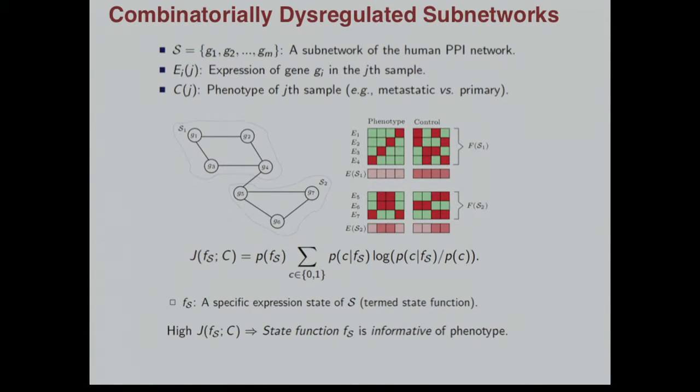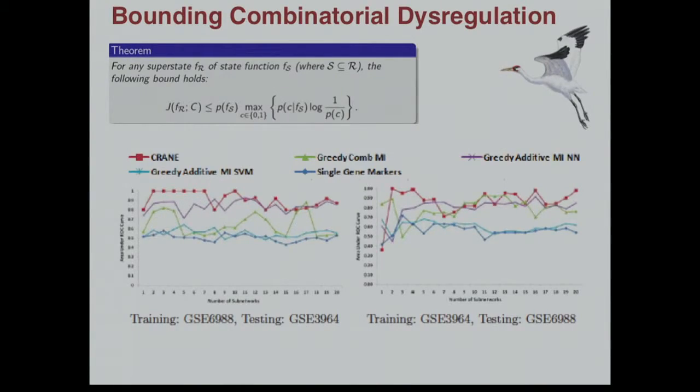We defined the scoring function in terms of the mutual information between the state of a subgraph and the phenotype. We were looking for subgraphs such that there is significant statistical dependence between the state of that subgraph in terms of gene expression and the phenotype.